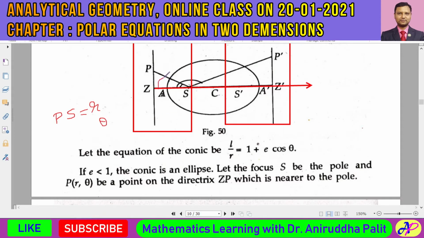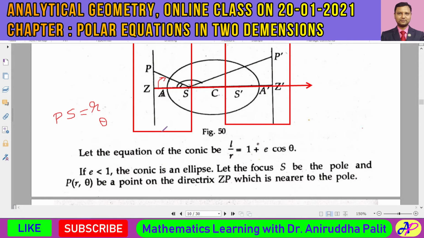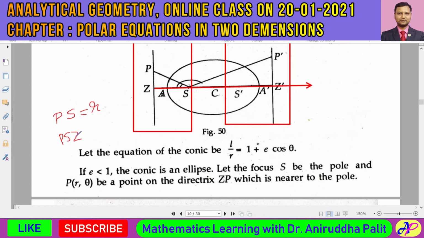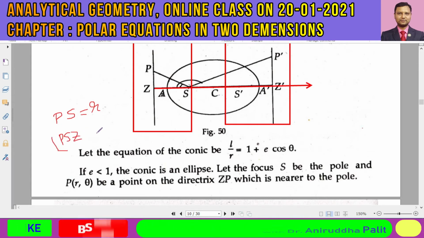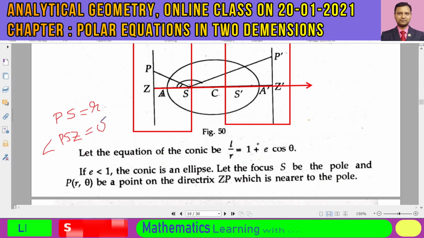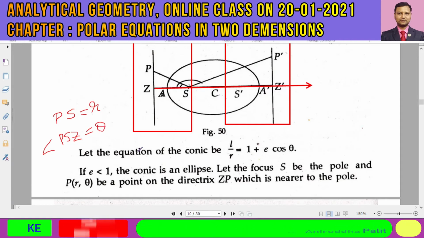So this angle should be equal to the angle theta. That means this angle PSZ would be equal to the angle theta. Clear?